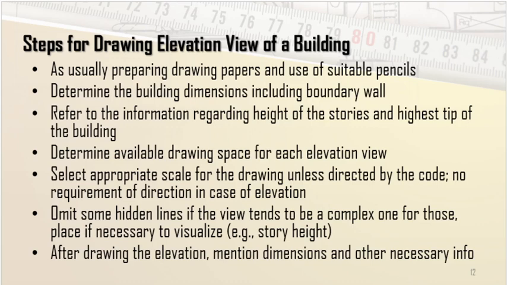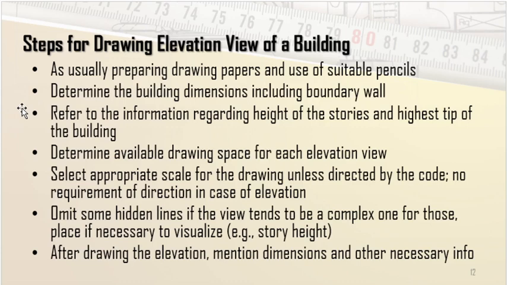However, then you will have to determine the available drawing space where you will draw this elevation view. We can draw one elevation view in one paper, or sometimes we can draw multiple, 2 or 3 or 4 elevation views in one paper. That is also possible.